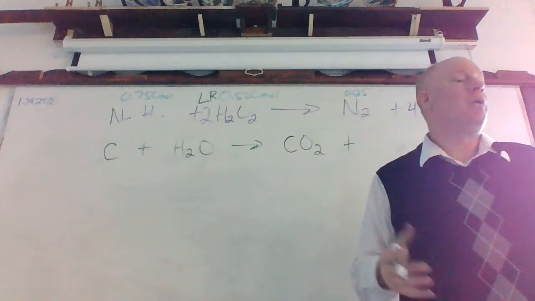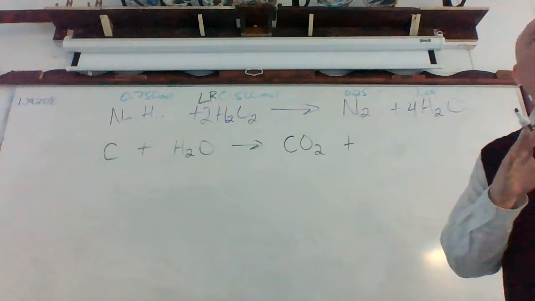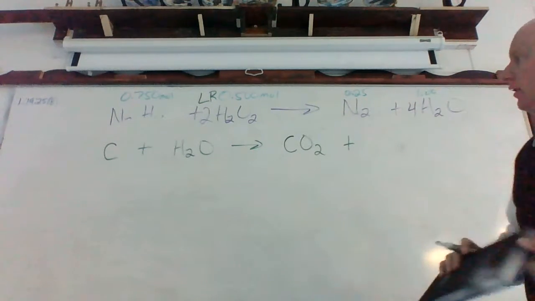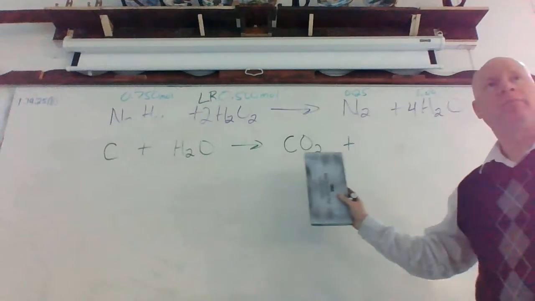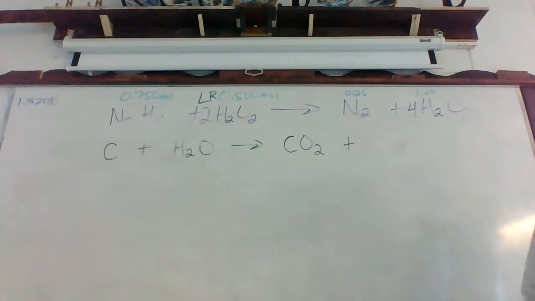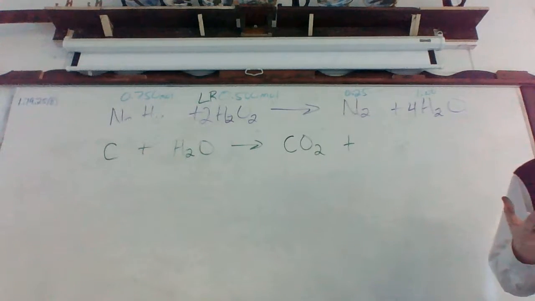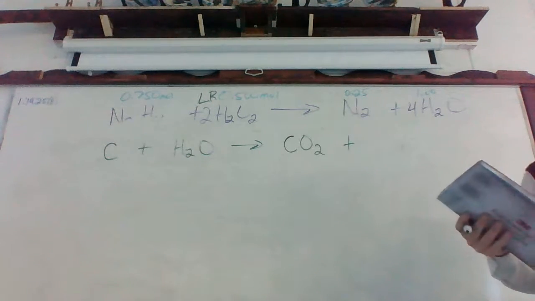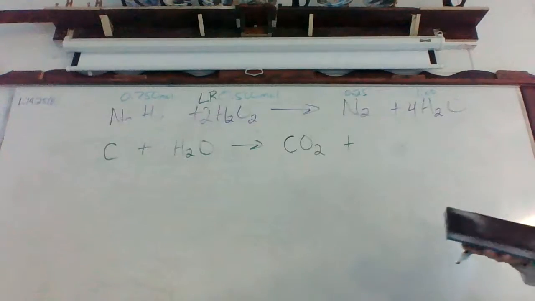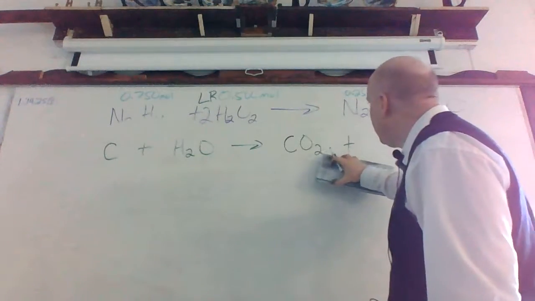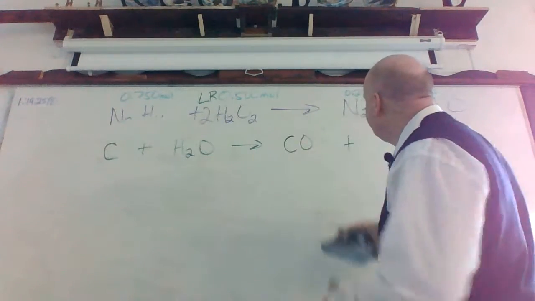Okay, so we're not nitpicking here. One of the things, should you write this, anything you do beyond that is wrong, and that's human nature. We're human. We're going to make mistakes. That's just how we grow. I think you would agree. So carbon monoxide plus what?